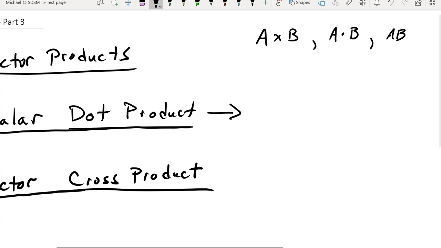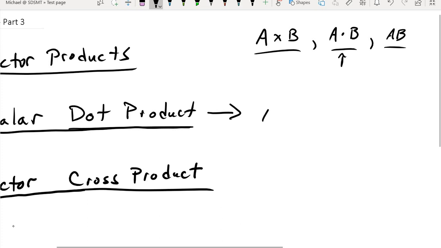Now we're actually going to have to be very careful about what method of multiplication we use, because each one of these is going to mean something different for us, at least in the case of vector multiplication. As you can see, this second method of multiplication has a little dot between the two terms.